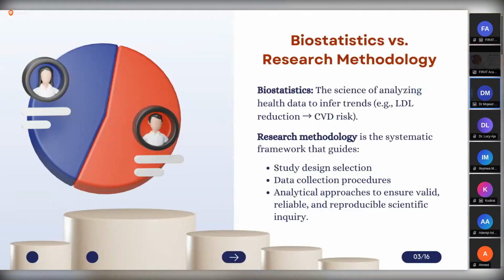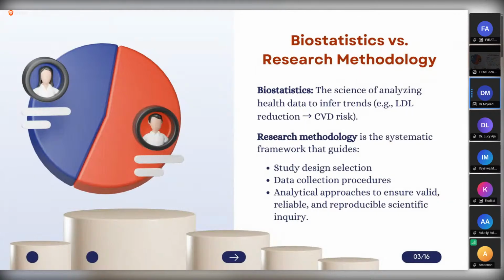Now let's look at biostatistics and research methodology. Now I want someone to tell me how biostatistics applies in their research. So you either type or you unmute yourself or you raise your hand, you'll be unmuted. Tell me how biostatistics applies in your research.